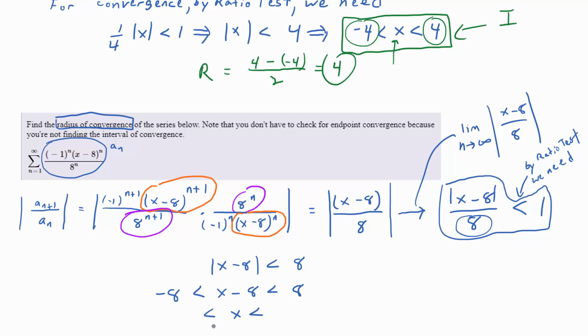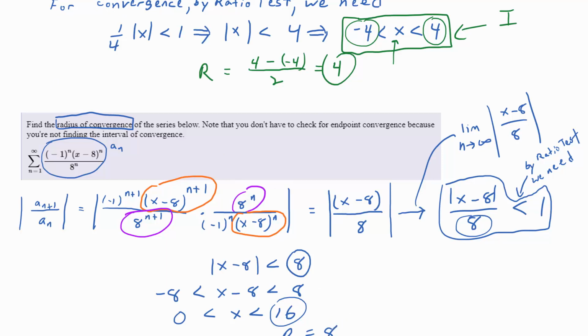We haven't checked for convergence at the endpoints, but if you add 8 everywhere, you get negative 8 plus 8 is 0, and 16 here. Anyway, what's r going to be? It's going to be this number, or you could think of it as the length of the interval, which is 16 divided by 2. That doesn't look very much like an 8, so let me try that again.